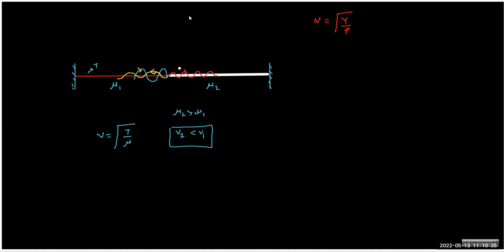So imagine we have a wave pulse which we create.